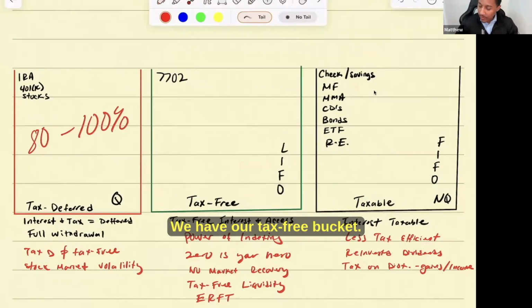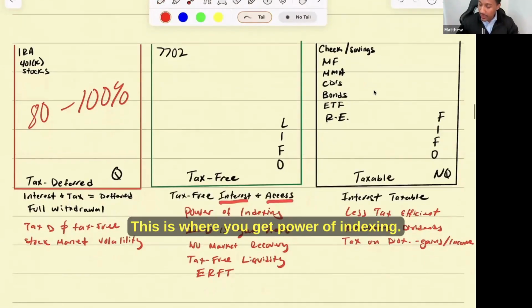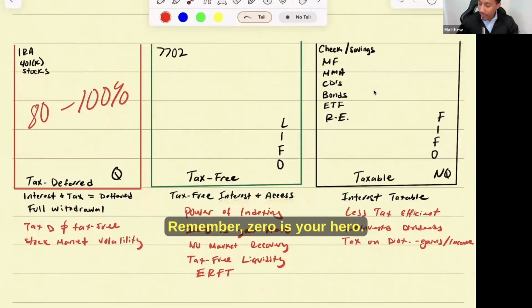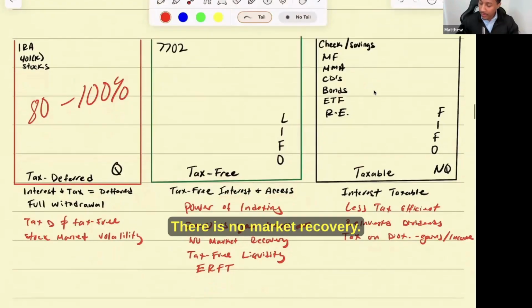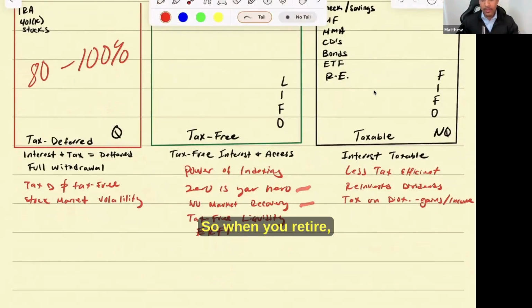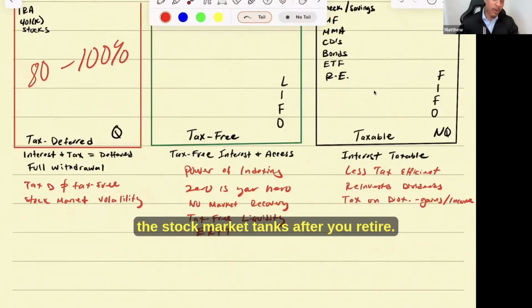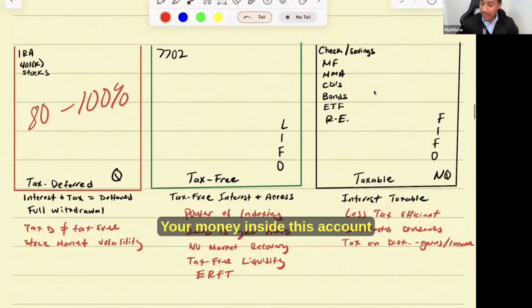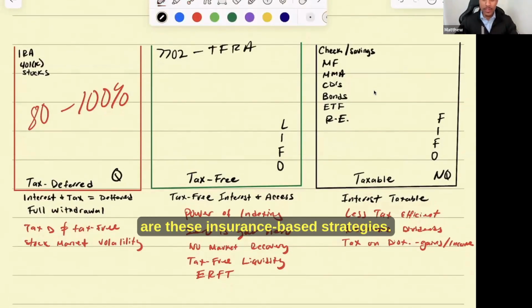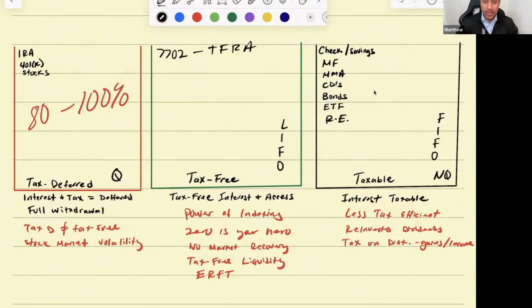We have our tax-free bucket. Okay, interest access is tax-free. This is where you get the power of indexing. Remember, zero is your hero. There is no market recovery. So when you retire, let's say the following week the stock market tanks after you retire, your money inside these insurance-based strategies, there's no market recovery.